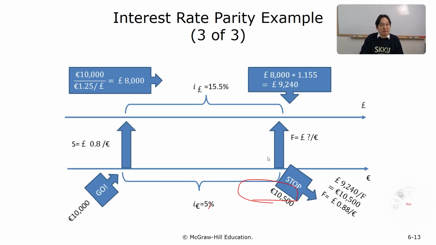We have euro and then pound over there. Okay? And then we start with 10,000 euro. Go! And then we're going to stop at the end of 1 year. Euro interest rate 5%. So if you put your money in the Euro Treasury, you will earn and get to 10,500 at the end of the day.